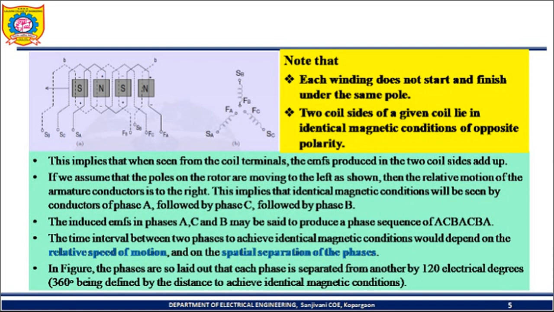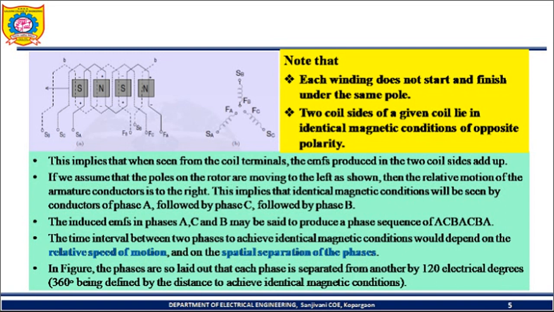So S pole, N pole, S pole, N pole. While doing this, first note that each winding does not start and finish under the same pole. If it starts under the S pole, then it shall end under the influence of the N pole, and if it starts under the N pole, then it will finish under the influence of the S pole.